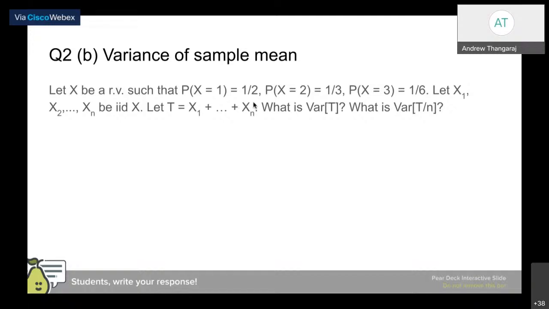So T is also a random variable. T is X1 plus X2 through Xn. Each Xi has the same distribution as X. X1 could be 1 with probability half, 2 with probability 1 by 3, 3 with probability 1 by 6, and so on. Same thing with X2, same thing with X3.